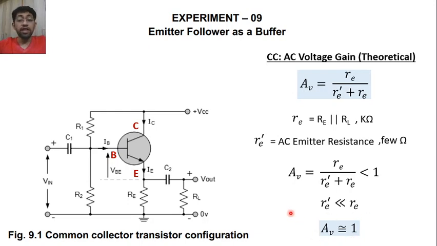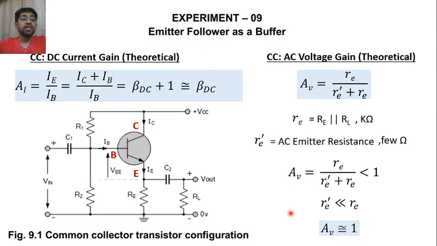Now, if we talk about the DC current gain, it is nothing but the output current upon input current. The input is the base current IB, and the output is taken from the emitter terminal, so IE is the output current.